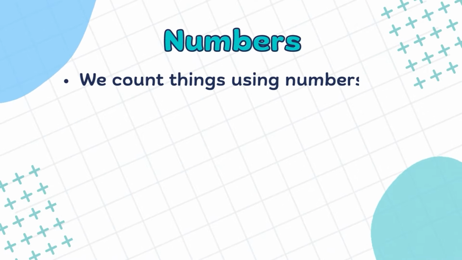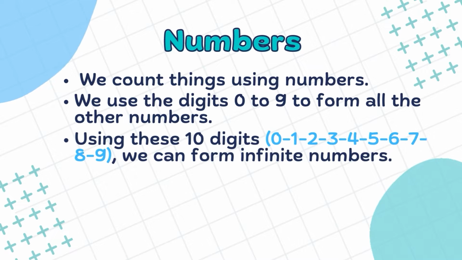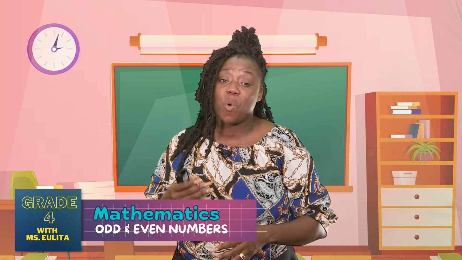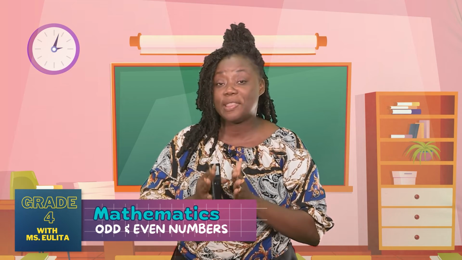We use numbers to count things. We use the digits from 0 to 9 to form all the other numbers. Using these 10 digits, we can form infinite numbers, numbers that go on and on and on. We can make small numbers and we can make large numbers.